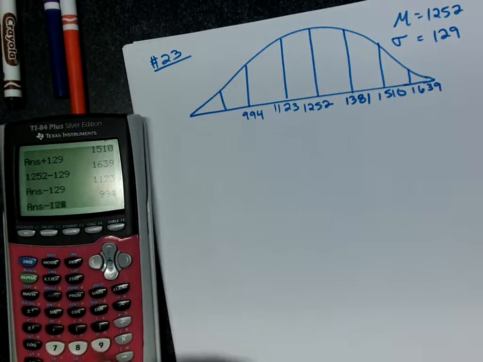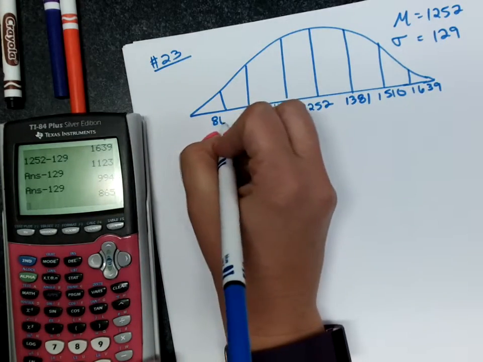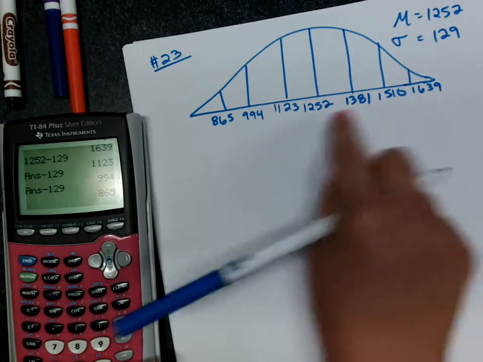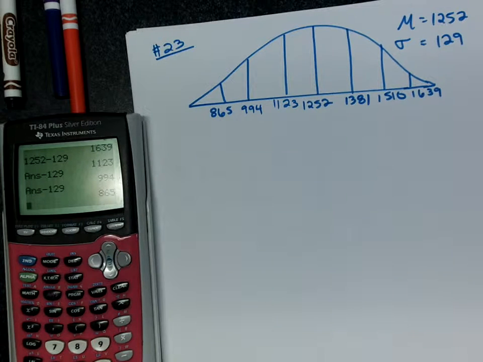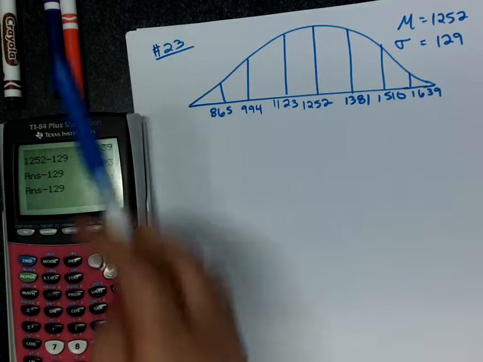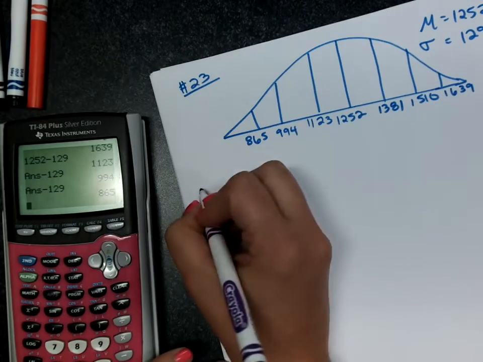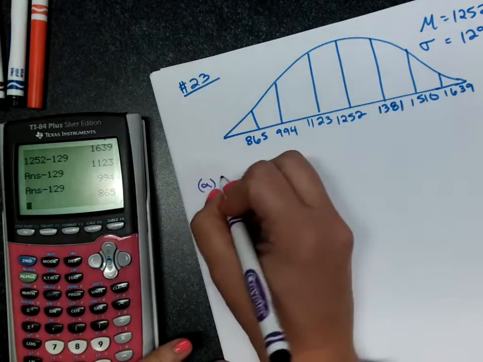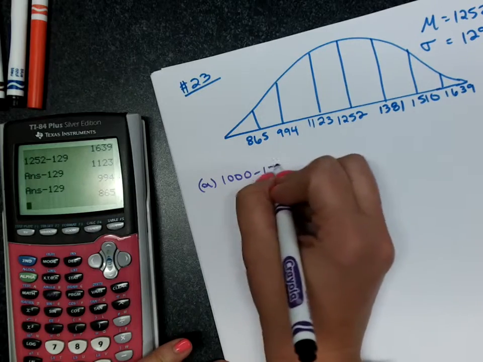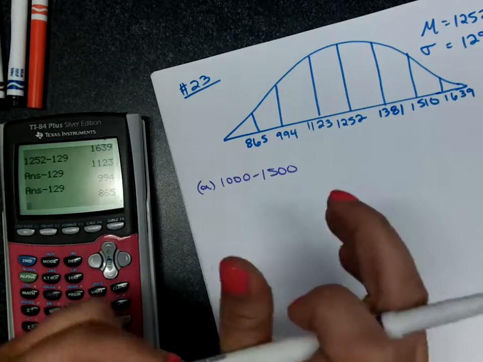So just take that minute, add 3 times, subtract 3 times so that you have your full picture. All right. Part A says, what is the probability that a randomly selected bag contains between 1,000 and 1,500 chocolate chips?